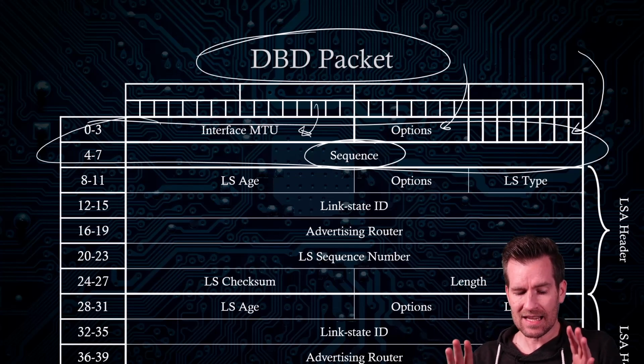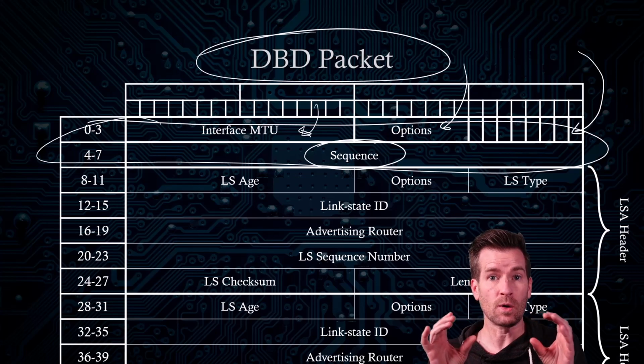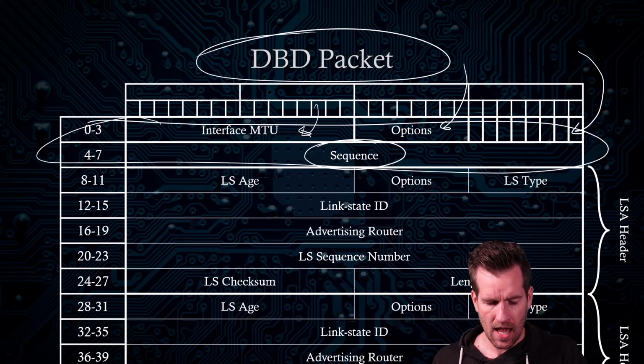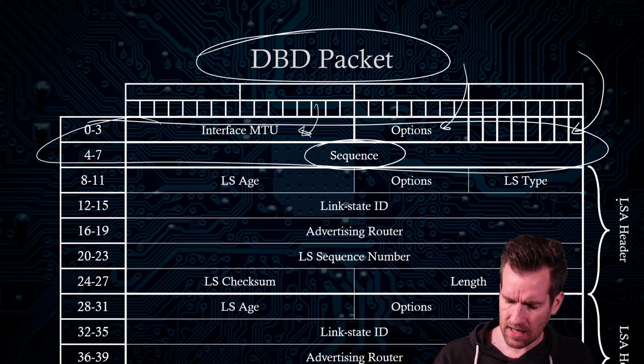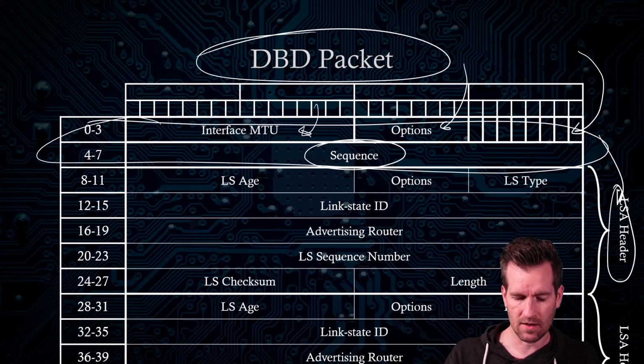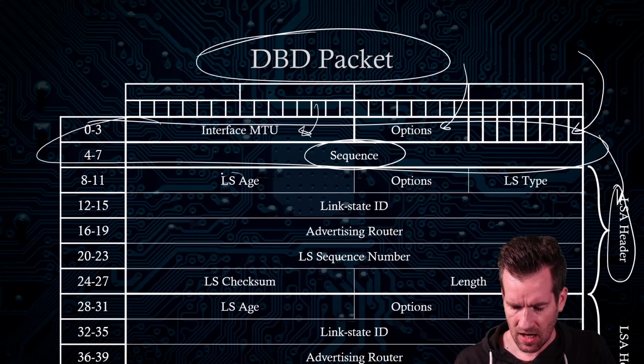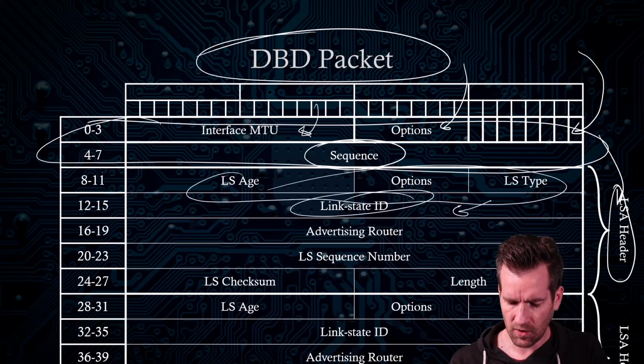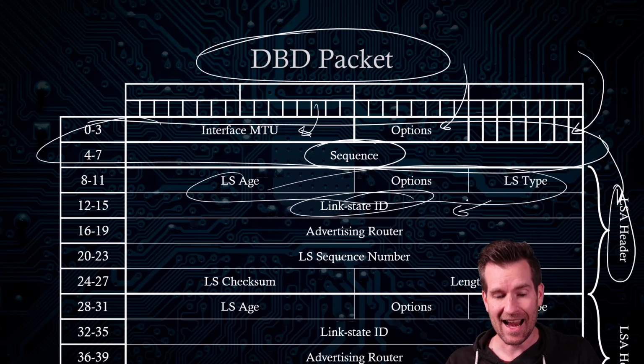We don't need to go into great detail about this, just know that those fields are in there. And then it has all of the high-level link state advertisement header that's in here. So things like the link state age, options, types, link state ID. So each of your links is going to get an ID to it.